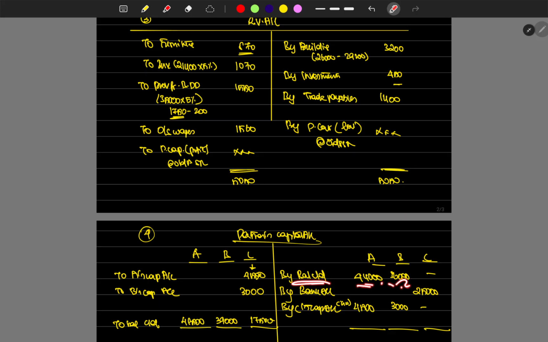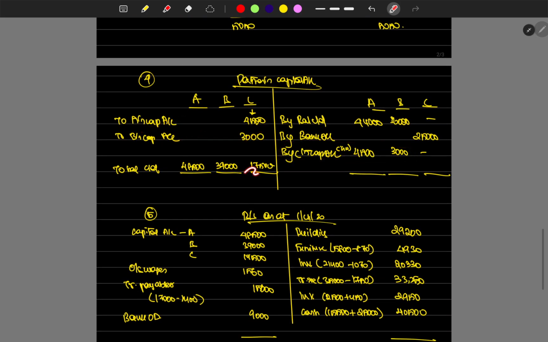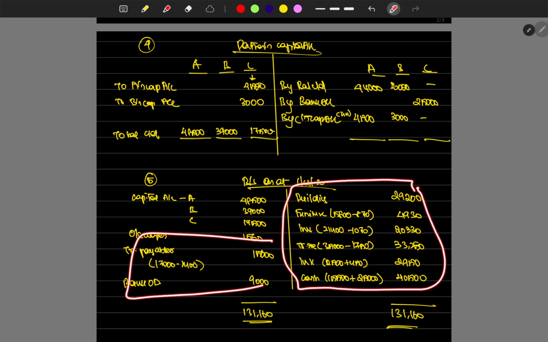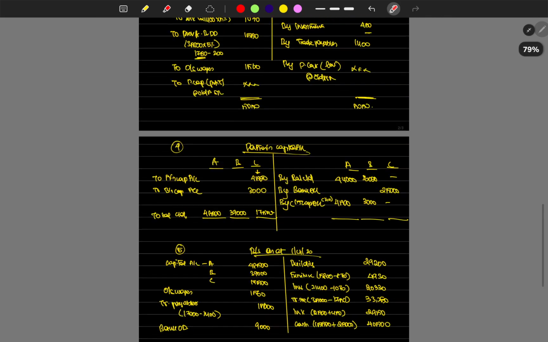Revaluation has to be shared between the old partners, and then the new partner's chapter starts. The new partner brought the 25,000 capital, and then he has to pay for the goodwill, right? So he paid the goodwill to A and B respectively, and then we found the balance of closing capital, and then we prepared the balance sheet as on admission date. Admission date capital is this, and whatever revaluation we did is shown here also. So that's it. Very simple problem also.